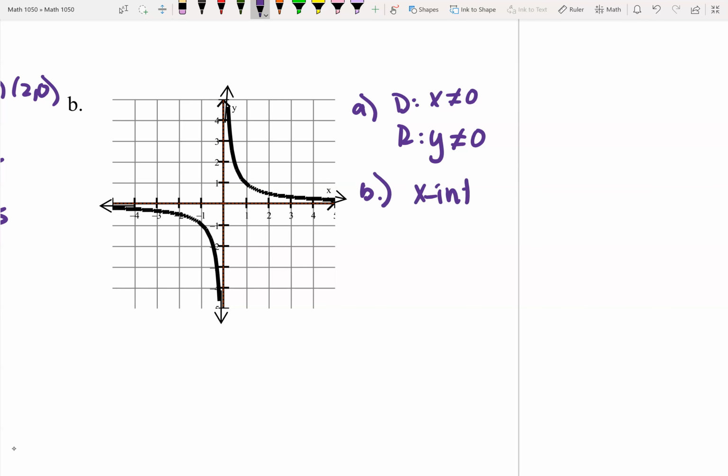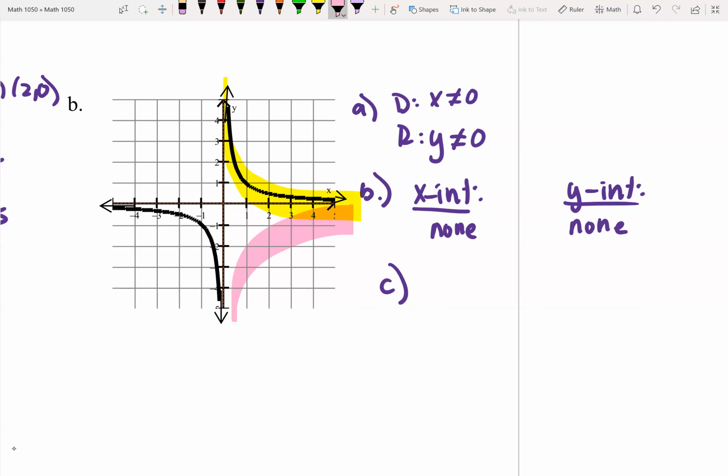Question B is name the intercept. So I literally need you to write x-intercept, and I literally need you to write y-intercept, and if you don't, you will not get credit for the problem. Everybody in the room tell me, what is the x-intercept or intercepts? None. Talk to me about y. None. Same thing, none. Do you really have to write those? Yes. Symmetry. Take half the graph, fold it across the x.